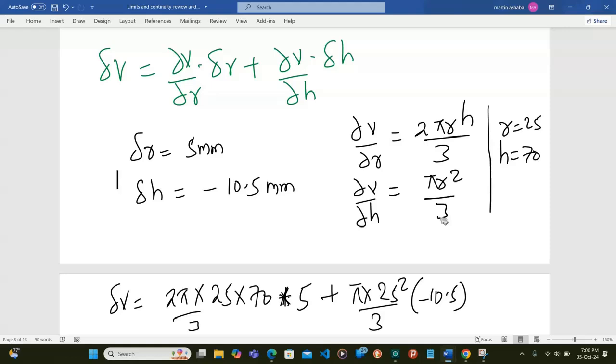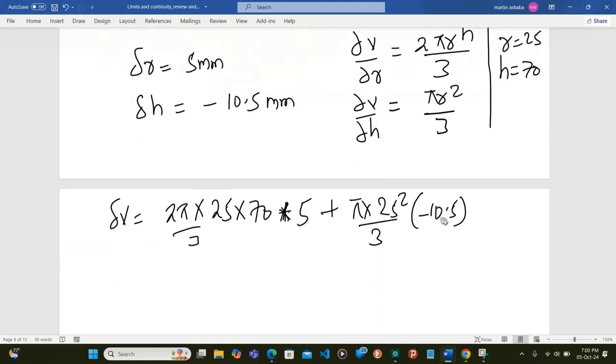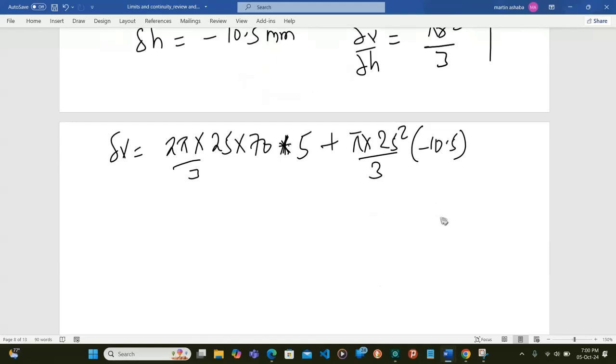So what does that give us? If I use my calculator, I have 2 pi out of 3 times 25 times 70 times 5, plus pi times 25 squared times negative 10.5 divided by 3.